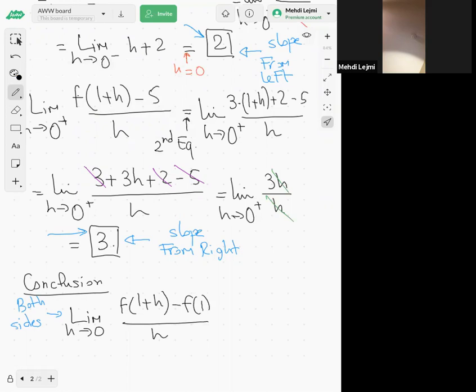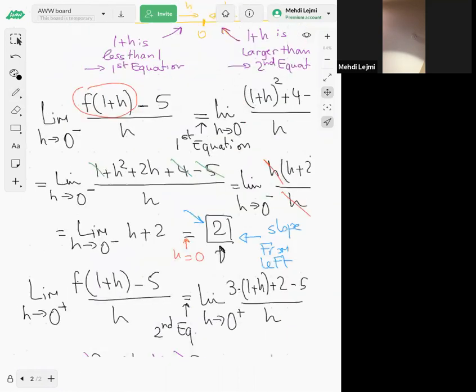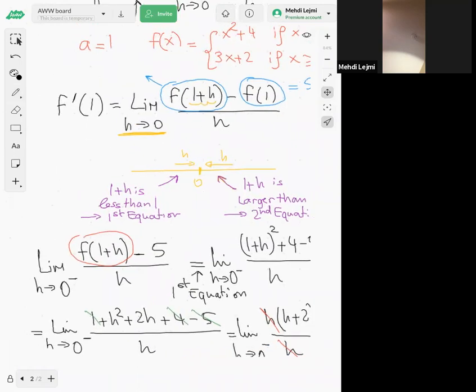This limit does not exist because the limit from the left, when h approaches 0 minus, is different from the limit when h approaches 0 plus, or from the right. From the left it's 2 and from the right it's 3. So the limit from both sides does not exist. So this slope, this f prime of 1, does not exist.